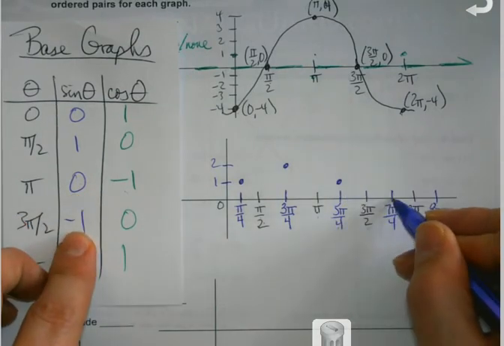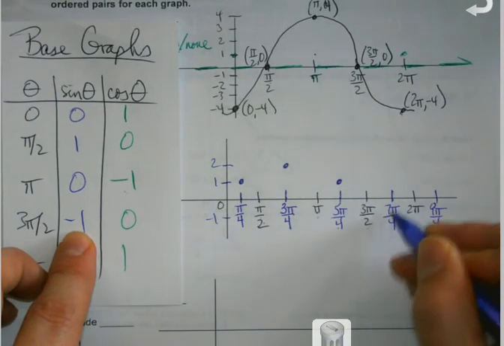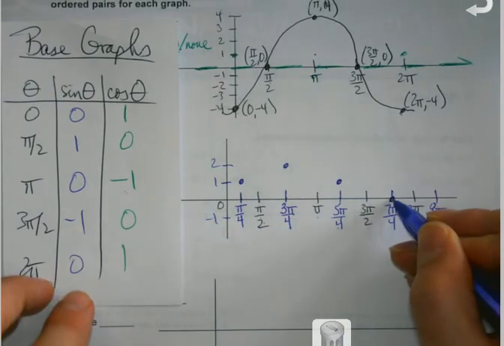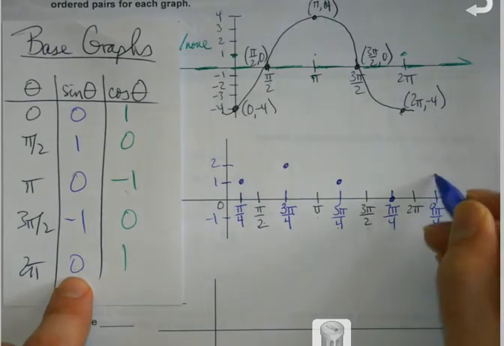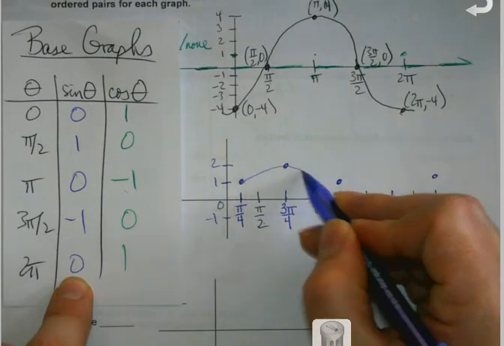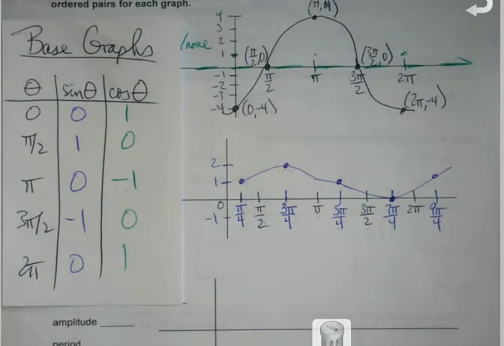At my fourth point, instead of being at -1, we add 1, we're back to 0. And at 2 pi, or now 9 pi over 4, because that's my new fifth point, instead of being at 0, I'm back up 1. And I'm back to where I need to be.